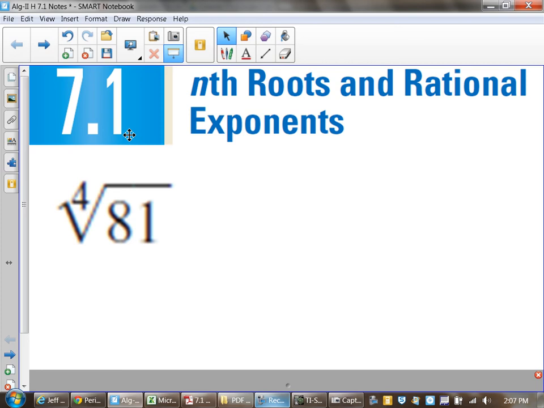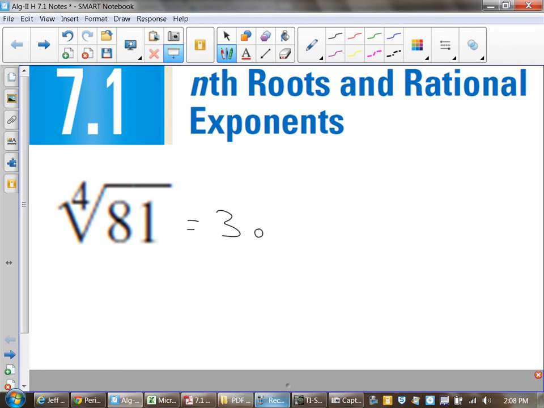So what are four numbers that are the same that you multiply together to get 81? Well, it could be 3, or it could be negative 3.